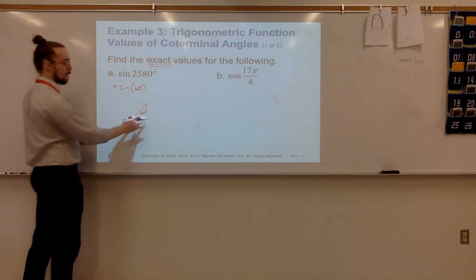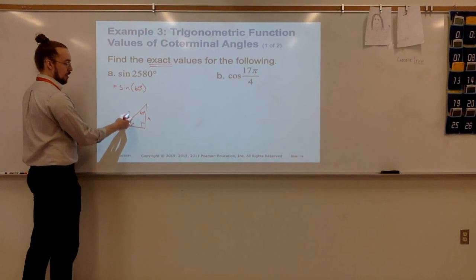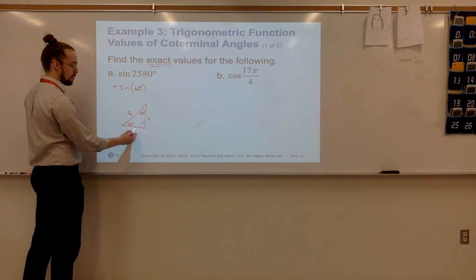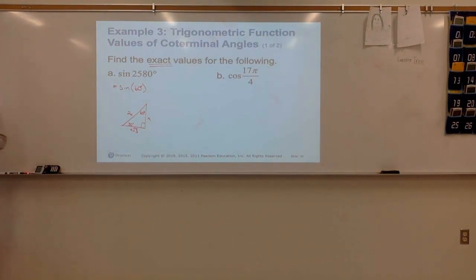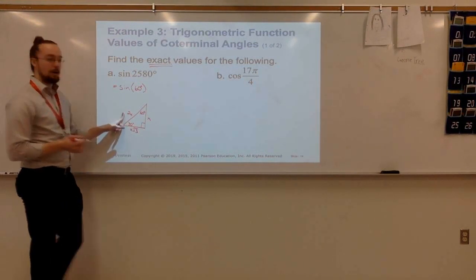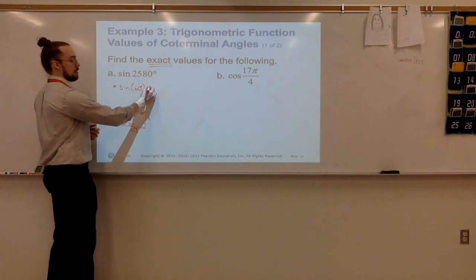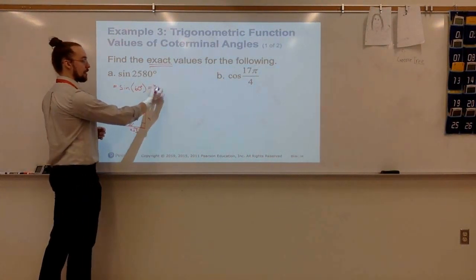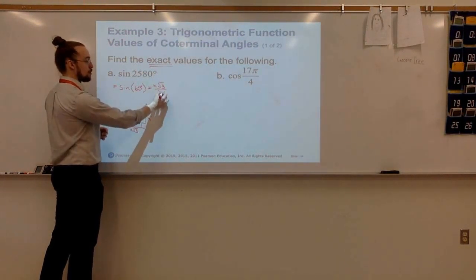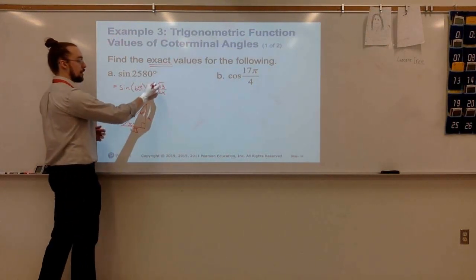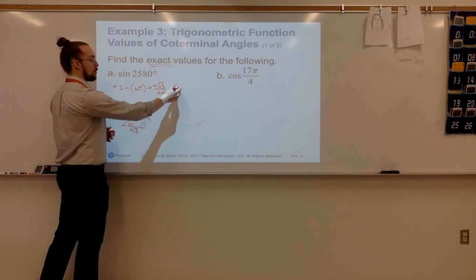We said that the side opposite 30 we could call x. Hypotenuse would be double that. And then this side would be x times the square root of 3. So the sine of 60 degrees is opposite over hypotenuse. If we include the x's, we would have x times the square root of 3 over 2 times x, but the x's would cancel, and we would just have the square root of 3 over 2.